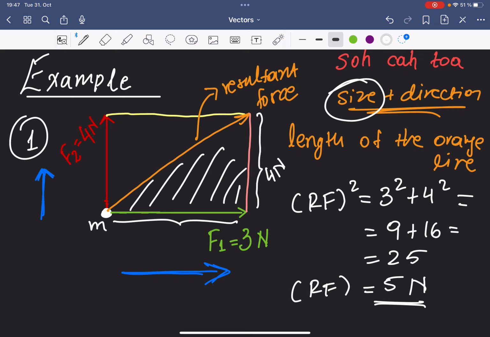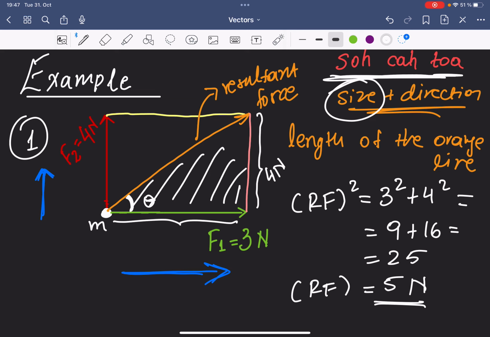Now, we're also interested in knowing this angle here, this angle that we call theta. Now, how do we find this one? And this is where a bit of trigonometry comes into place, and that's where I've written down this SOHCAHTOA, which hopefully your math teacher has also discussed with you.